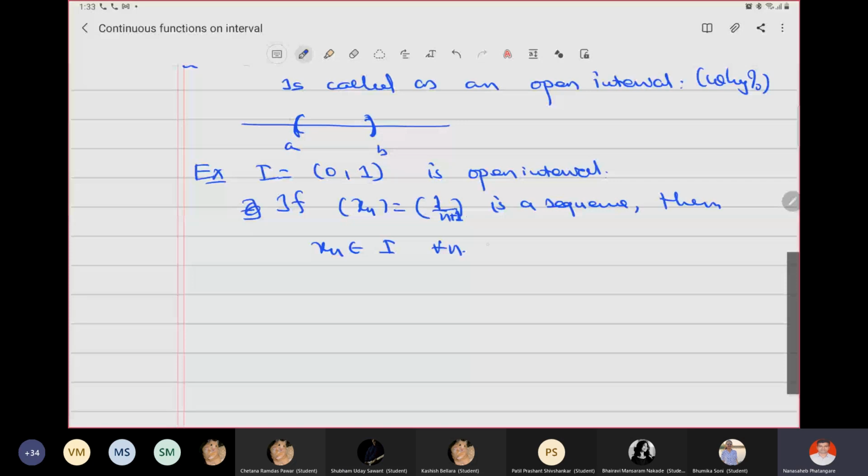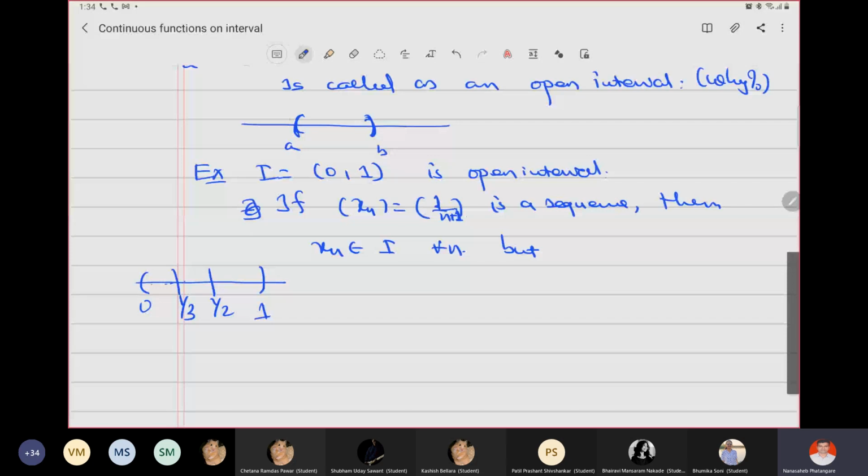That means if you look at this sequence of 1 by 3 and so on, every term is in I. But if you keep on walking along this sequence, first step is half, my second step is 1 by 3, third step is 1 by 4.